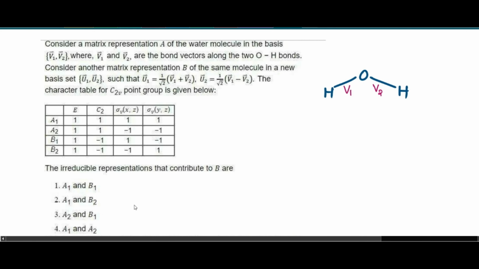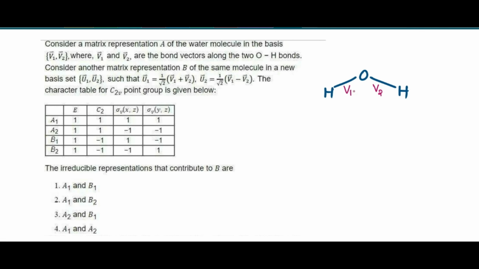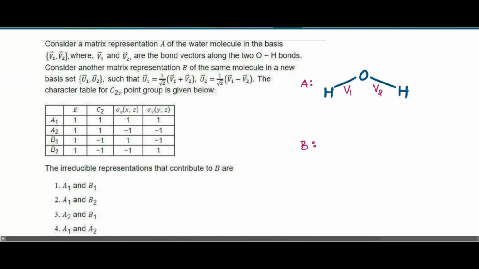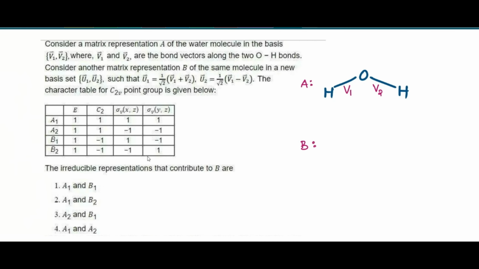Consider the bonds. Okay, consider another matrix representation B. So this matrix representation is A. The matrix representation A is what I gave for water with V1 and V2. Now they say consider another matrix representation B of the same molecule. Our molecule is water, in a new basis set of U1 vector and U2 vector. Is it clear that V1 V2 are taken? Nothing, the 2 bonds are considered as V1 and V2.